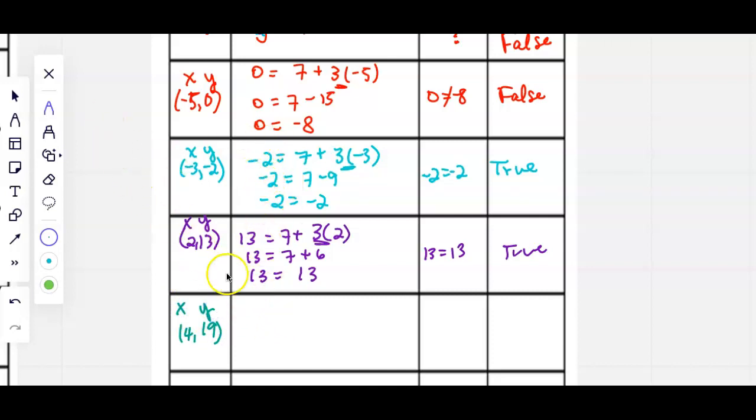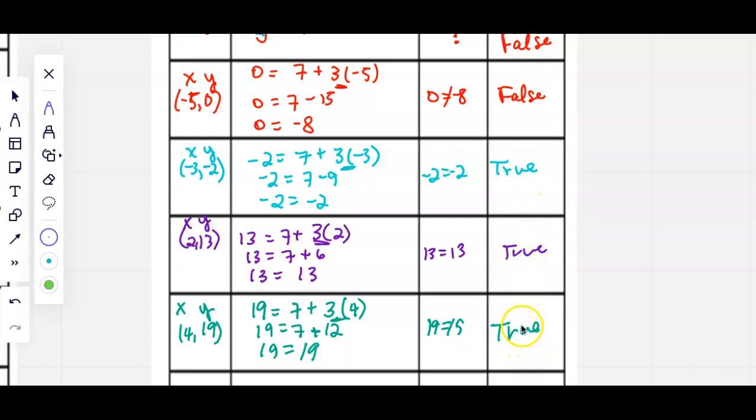So y came first in our equation, so it'll be 19 equals 7 plus, and remember it's 3 times our x, which is 4. 19 equals, order of operations kicks in, we gotta do 3 times 4 first. So 7, and 3 times 4 is positive 12. 7 plus 12 now, so we get 19 equals, and 7 plus 12 is 19. We get 19 equals 19. So that is indeed true.